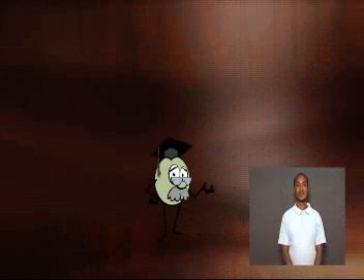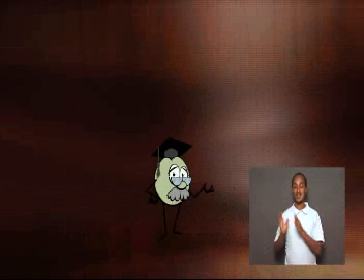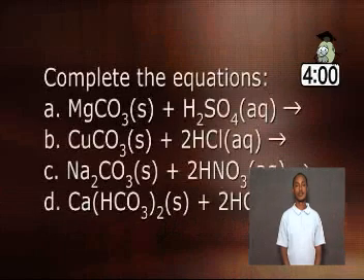Please complete the equations to show the salts that are formed, along with the amount of water that is formed and the amount of carbon dioxide that is released. Students, let's get ready. Begin.